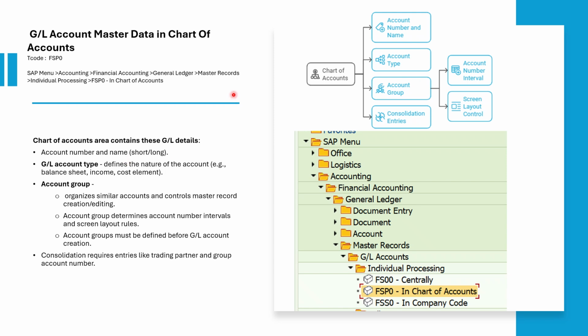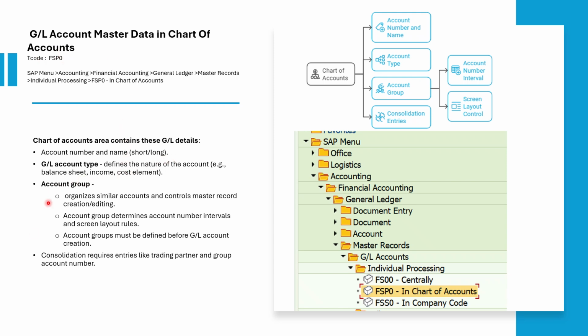Now let's come here and we will discuss how GL account master data is created at chart of accounts level. If you want to create individually, you can go to FSP0. This is the path. You can even follow the SAP menu path here. This is the link.